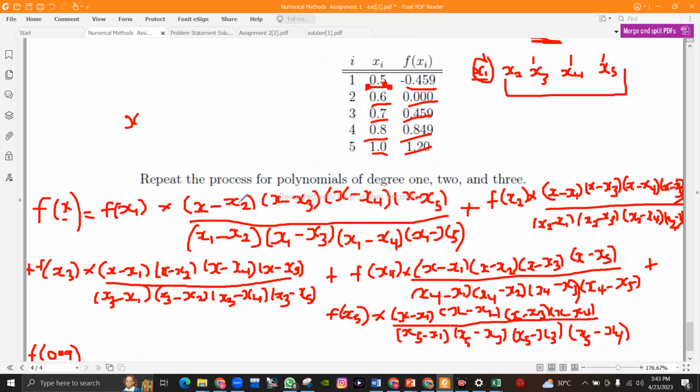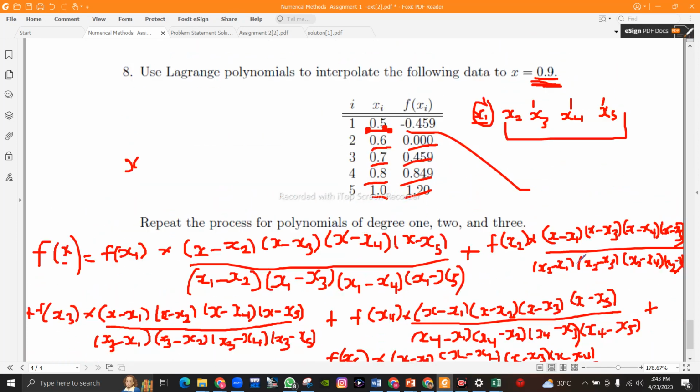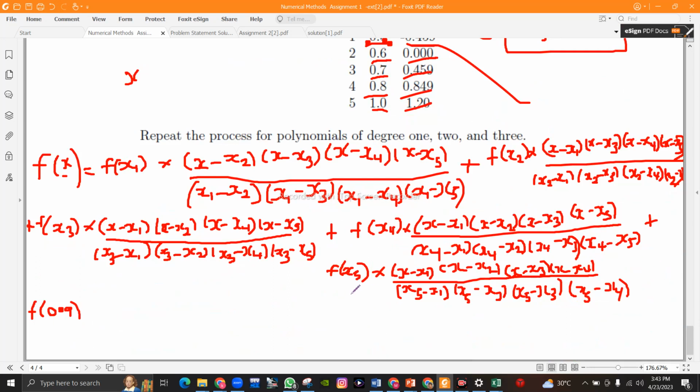And you know what x1, x2 mean, and you have f of x1 already. F of x1 is this. So let's write that. F of x1, which is 0 minus 0.49 minus 0.4459.